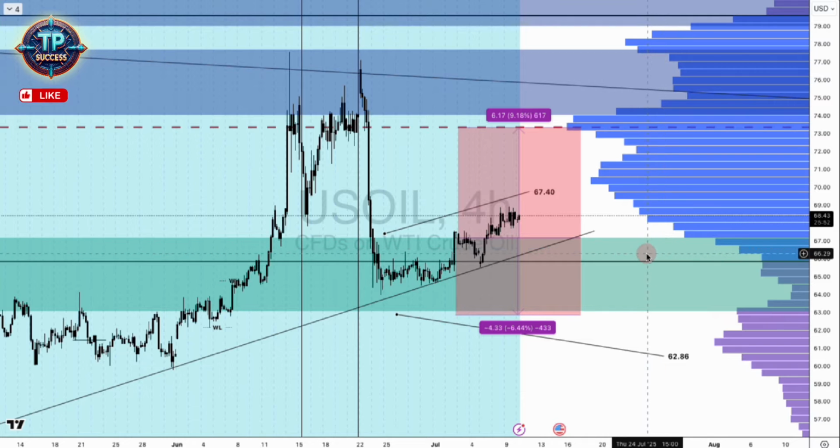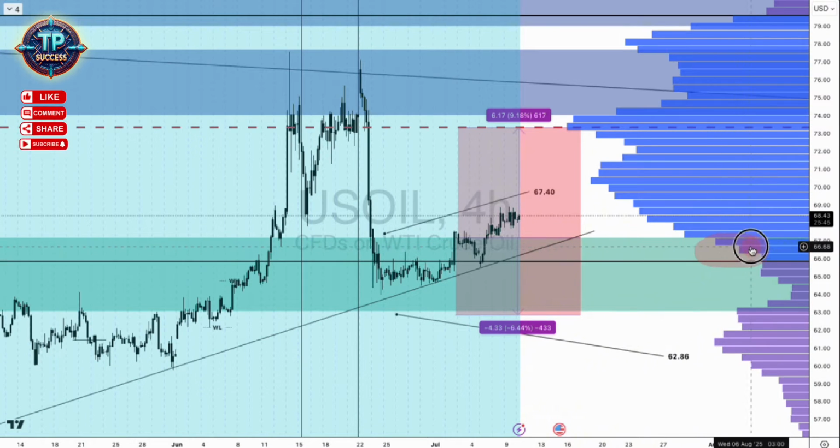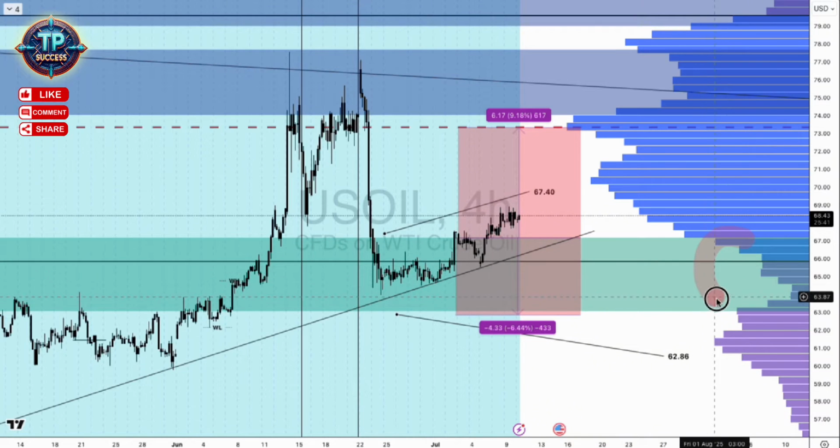Now, in last week's video, I also mentioned how important it was if price was leaving this low value node area. So let us take this back a little bit. This whole area over here is a low value node, right?